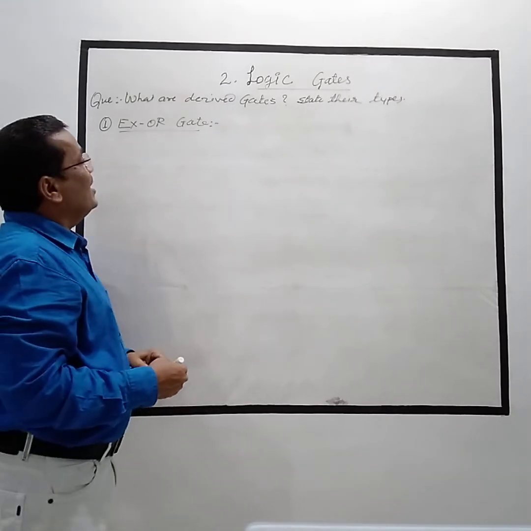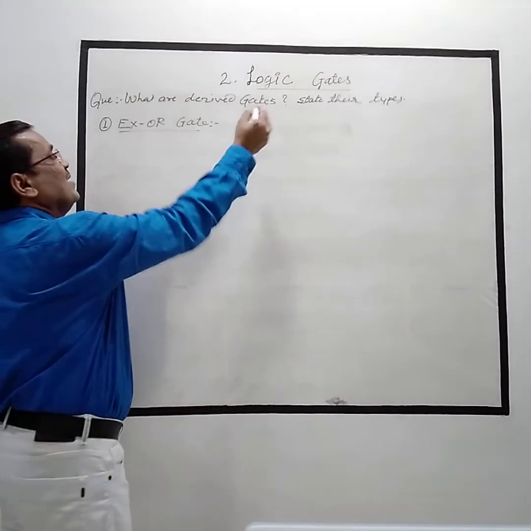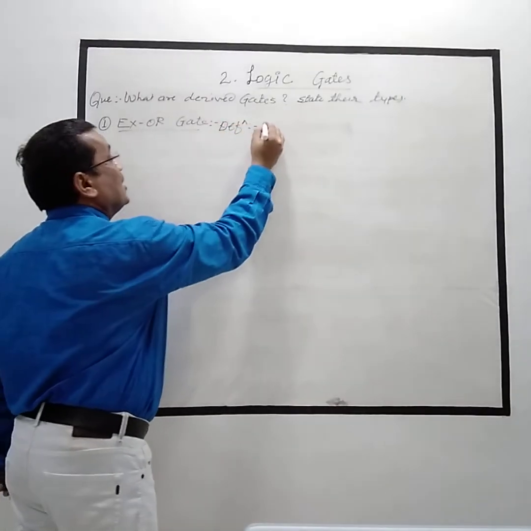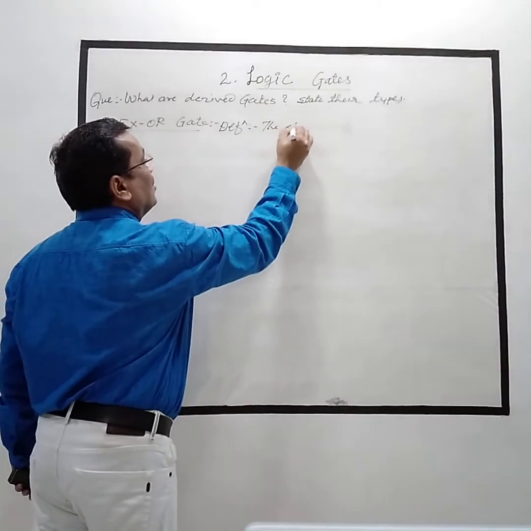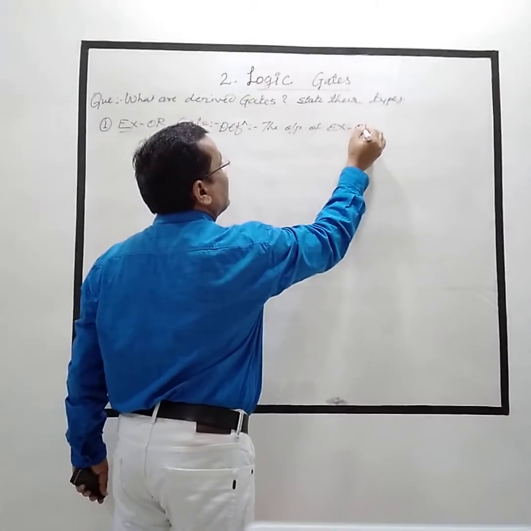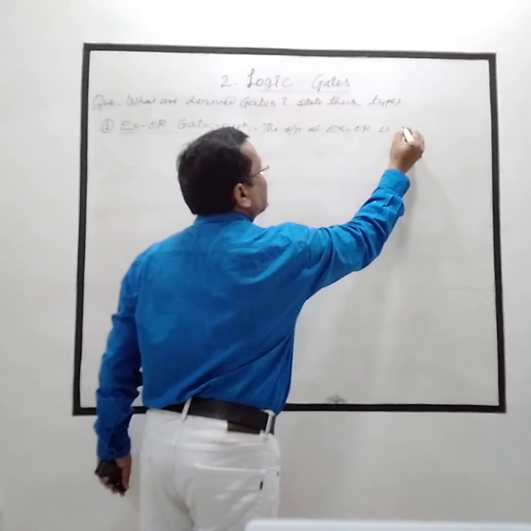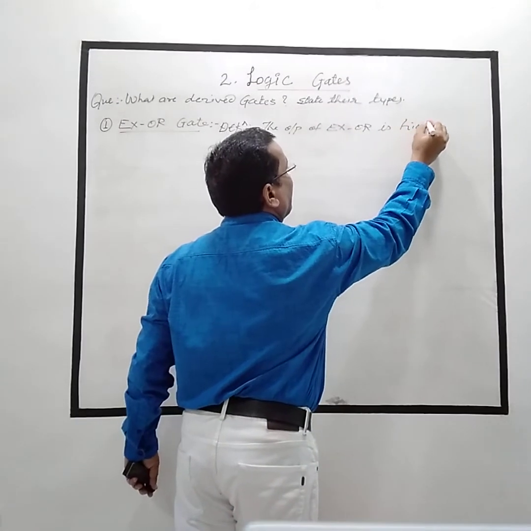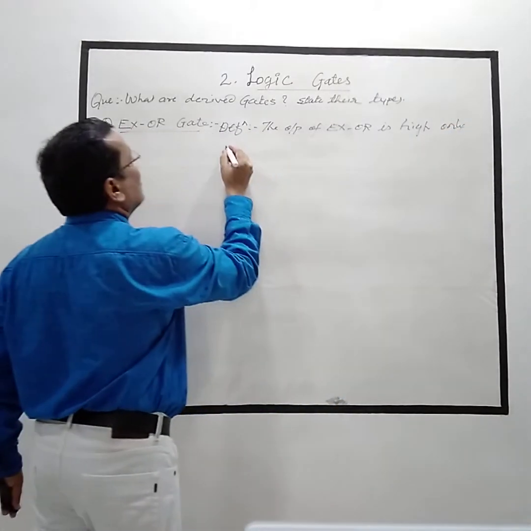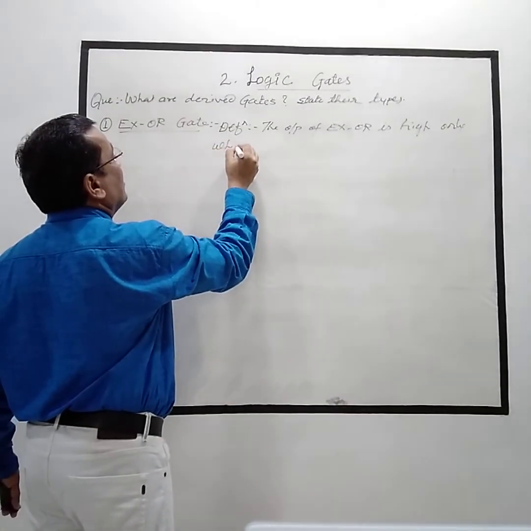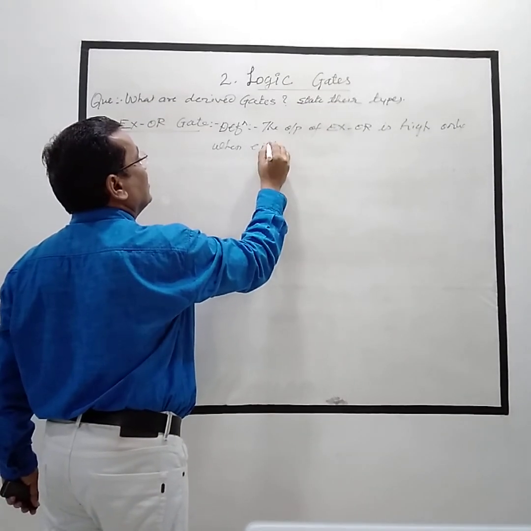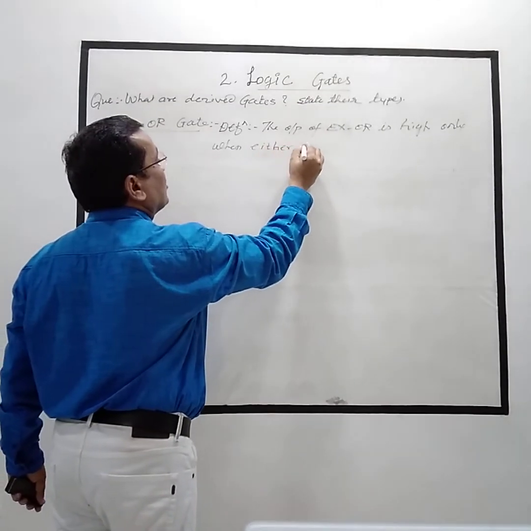So its definition will be like this: the output of the XOR gate is high only when either of the inputs is high.